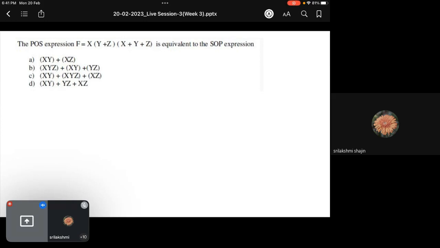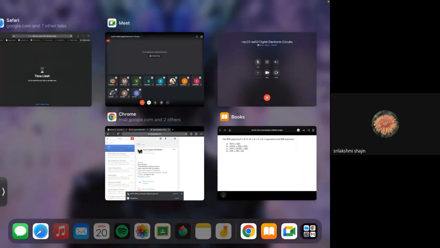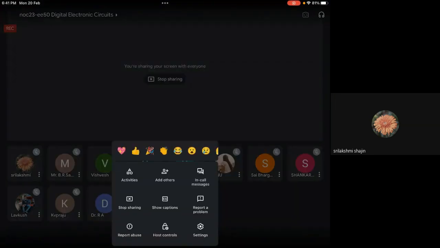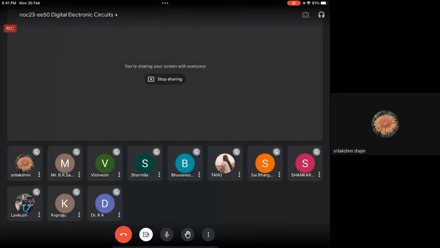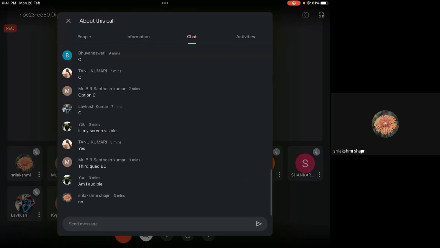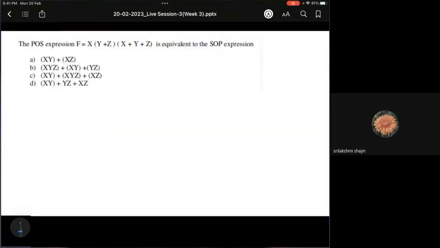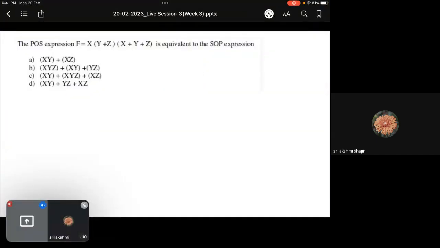Has anyone solved it? I'll give you a hint. It is just nothing but a POS expression given. So to make it an SOP, you can just open the brackets and try to solve them. It will be very easy then. K-map will be a very long approach to solve this question.